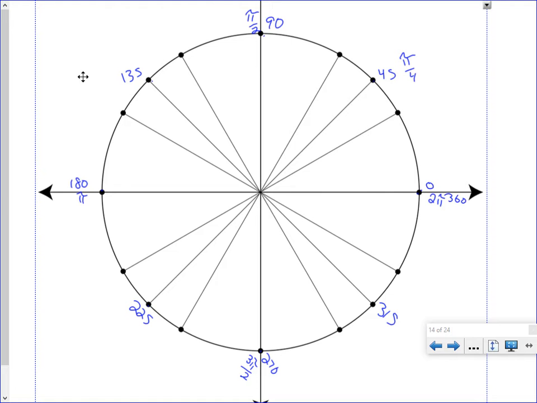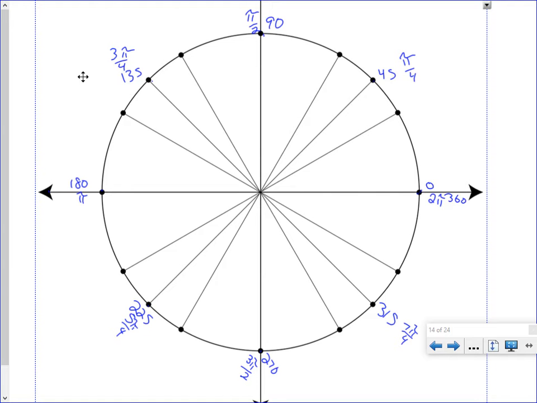So you have 45 was pi over 4, 90 is 2 pi over 4, 135 would be 3 pi over 4, 4 pi over 4, 5 pi over 4, 6 pi over 4, 7 pi over 4, and then 8 pi over 4. All we're doing is adding fractions. Okay? Not bad?